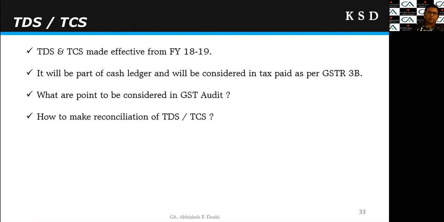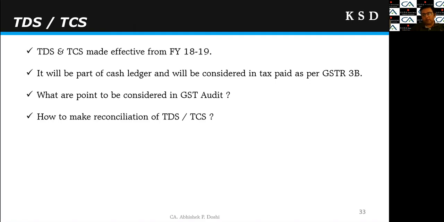But what point should we consider while doing the GST audit, and how do we reconcile the figures of TDS or TCS, right? So it is advisable that we look at the amount and the transactions mentioned under the table of TDS and TCS and compare with the turnover of the registered person, right?